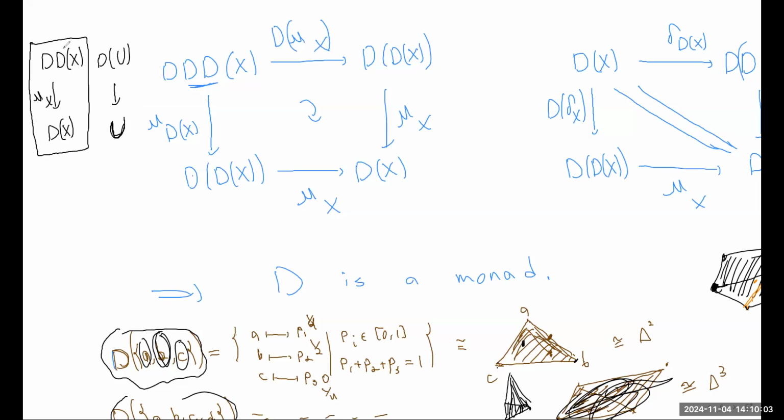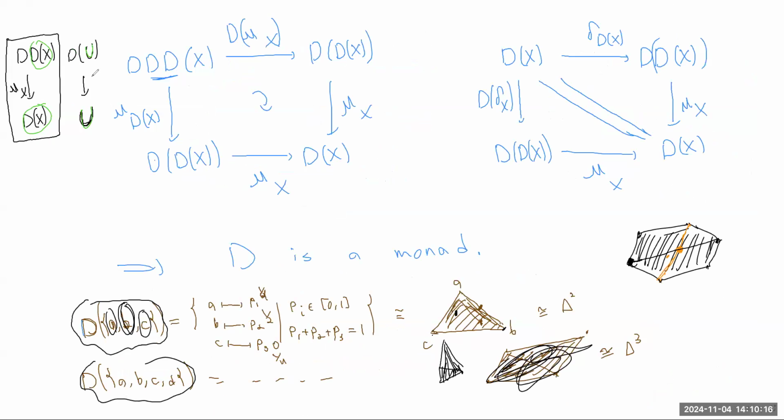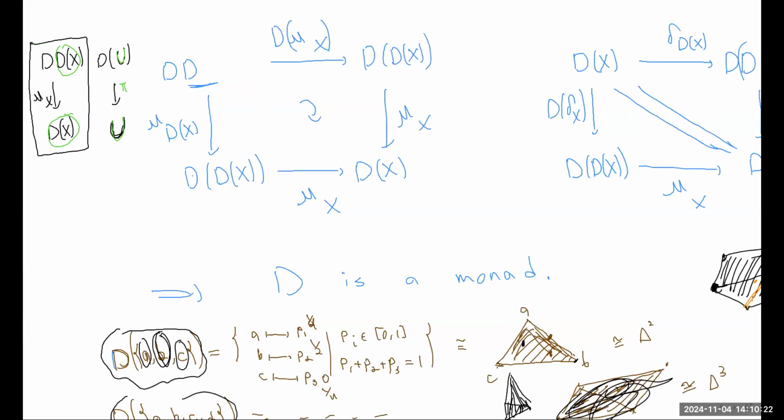We replace this dx by u, this by u, and we want to replace it here, okay? So let's replace it here. There is a map, let's call this map pi. So we can replace this by u, and here this mu x by pi, and this one by u, and this by pi.